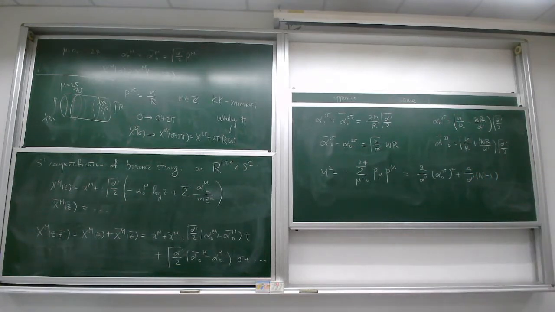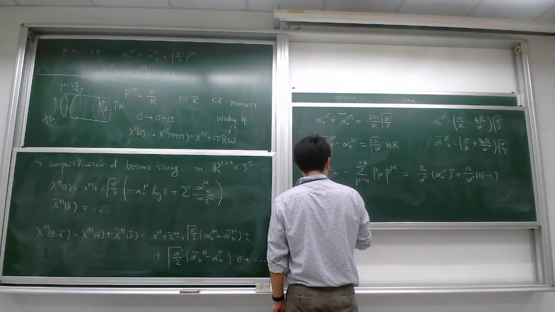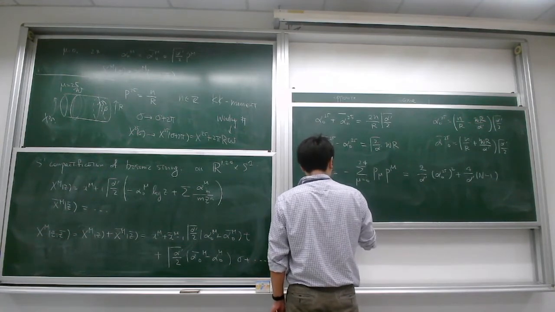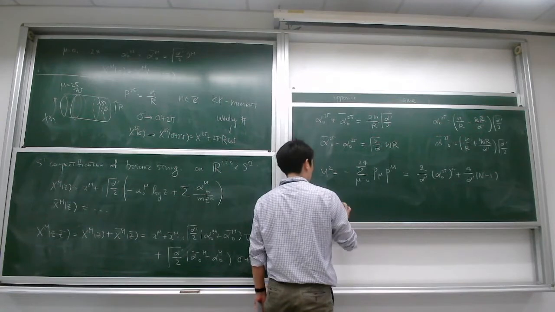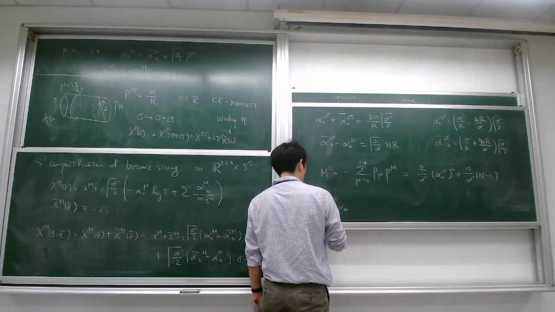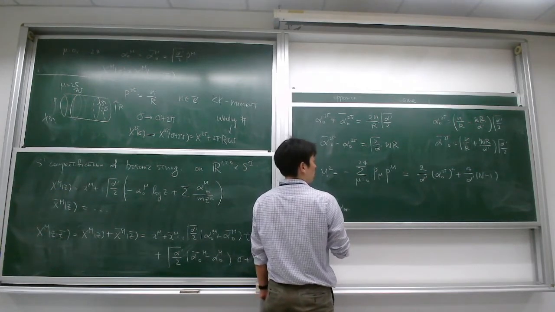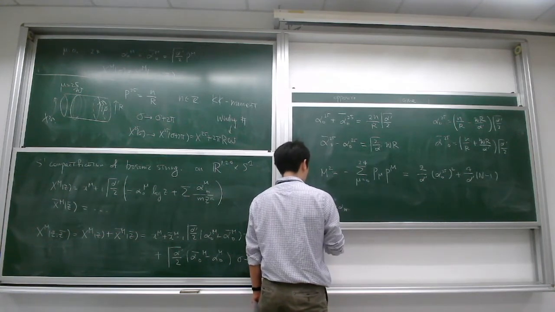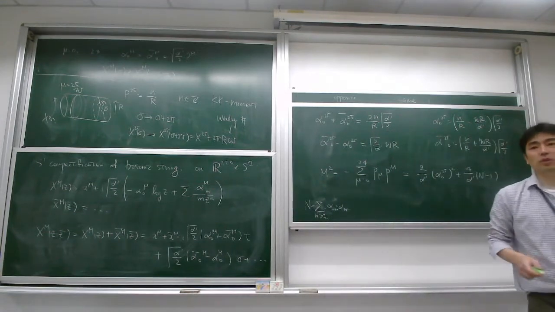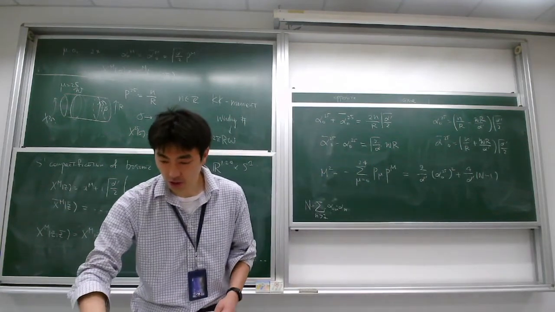So remember, the number operator is indeed equal to the sum over n of alpha minus n times alpha n, with mu. Do you remember? Let me check my lecture note.